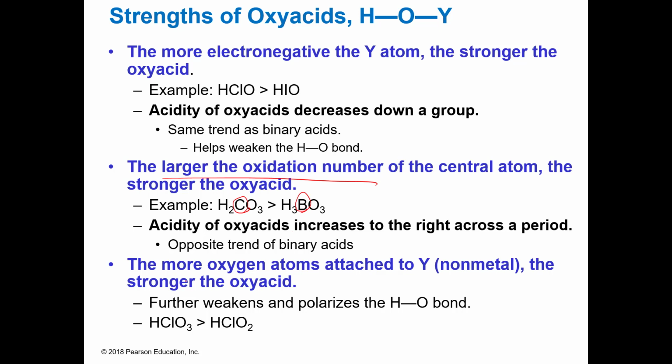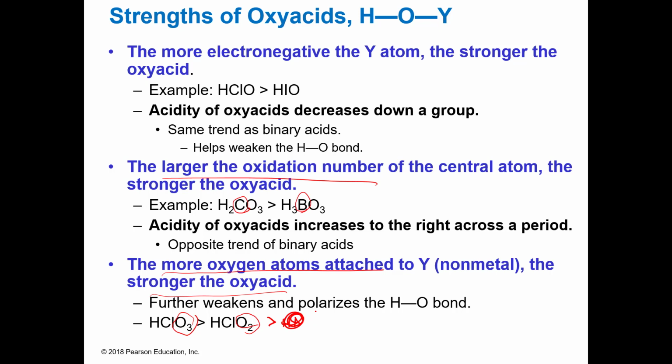So the more oxygens, and this is the one that's really going to be helpful to you, I think, the more oxygen atoms that you have attached to your nonmetal, the stronger it is. So if you've got an O3, that's going to be stronger than an O2, which will be stronger than something with just one oxygen, if it had it.